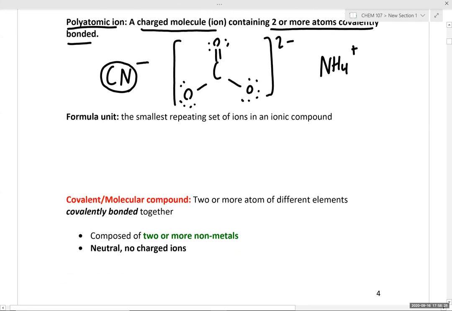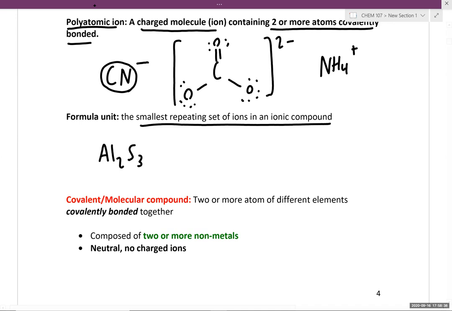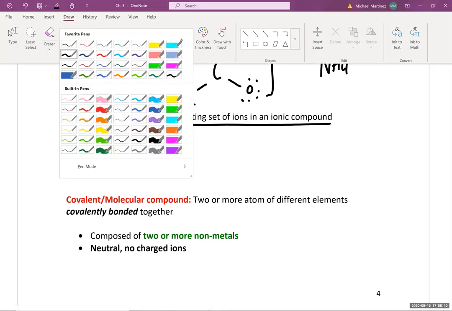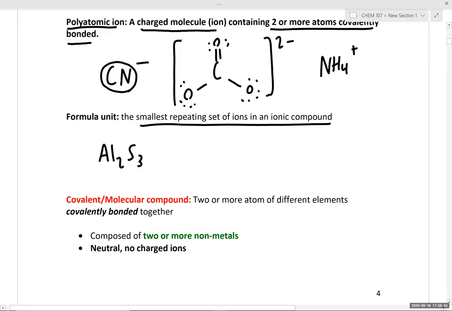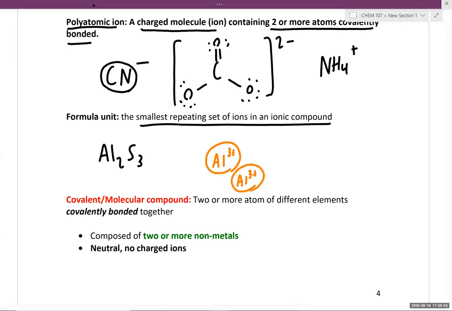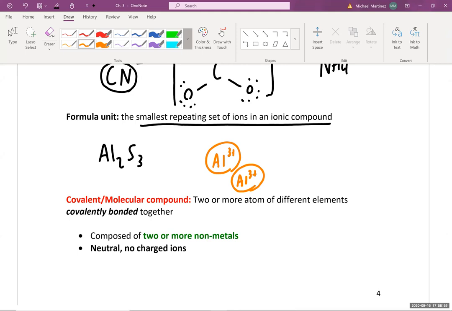So the formula unit is defined as the smallest repeating set of ions in an ionic compound. So for example, in aluminum sulfide, the simplest and the smallest repeating set of ions would be where we have 2 of our aluminum cations and 3 of our sulfide anions.